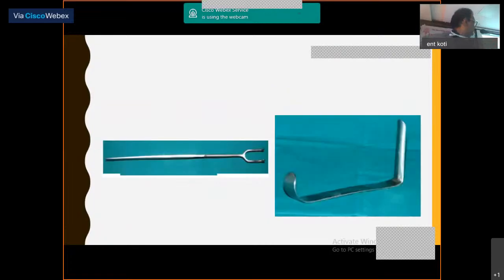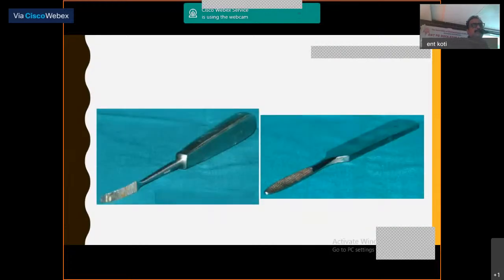This one, this is Cottle's retractor. Okay. What is this, the other one? Freeman's ala retractor. Okay. And this is the Cottle's retractor for rhinoplasty. These are the rasps.